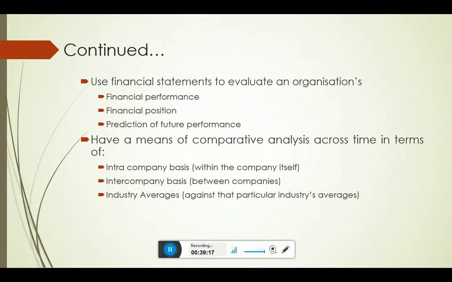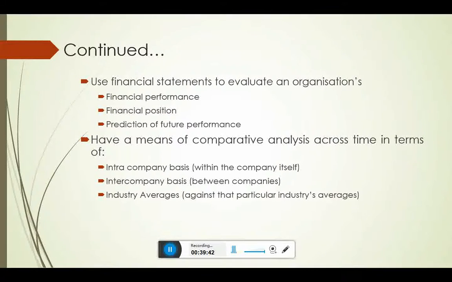Now, a company can compare its growth with the average of the industry. In whatever industry a company is serving, that industry has a specific growth average. So we can find out our own growth and then compare it with the industry average to see how the overall industry is moving forward and how we are moving forward.